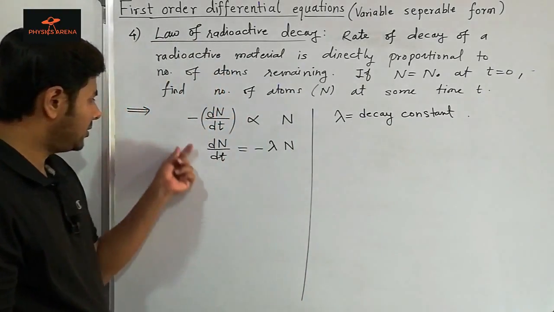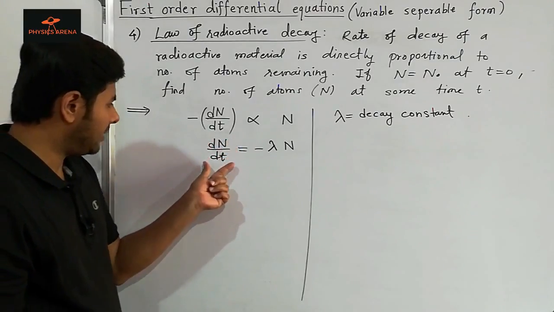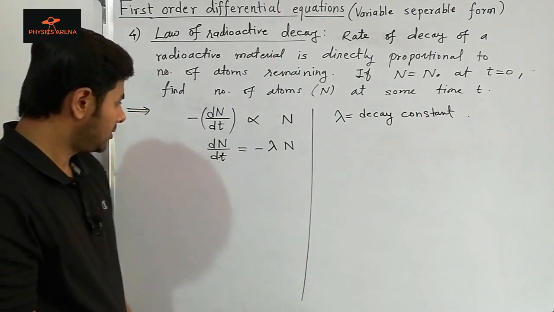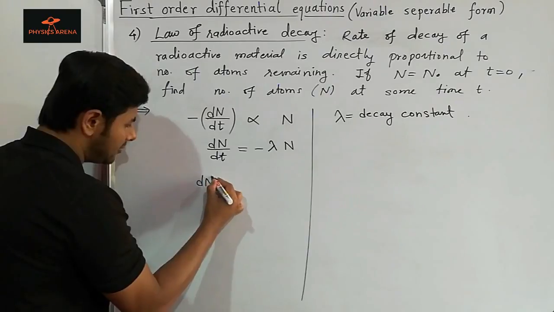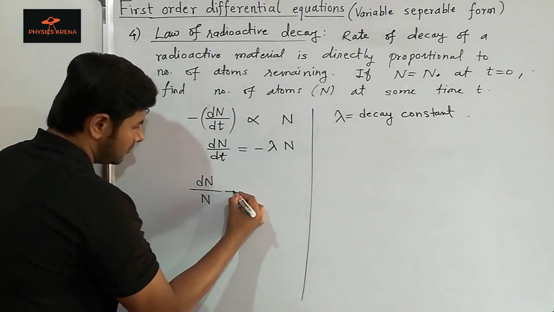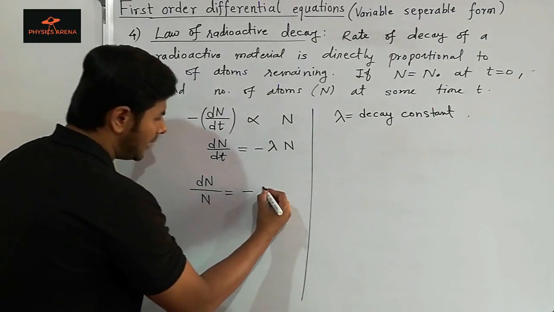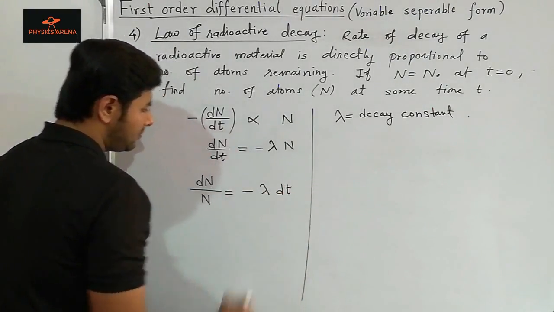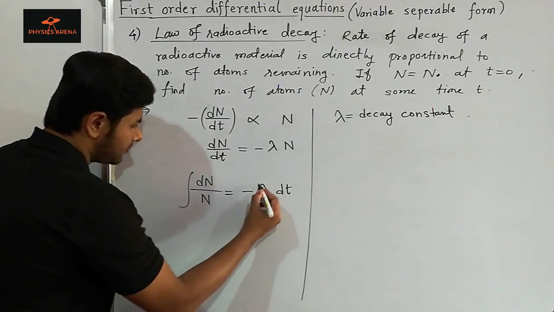Okay, now we have this equation, the differential equation dN by dt equals minus lambda times N. Now let's take this N on the left hand side, and let's have a function of t on the right hand side. So we have lambda, which is constant, times dt, and let's integrate this.